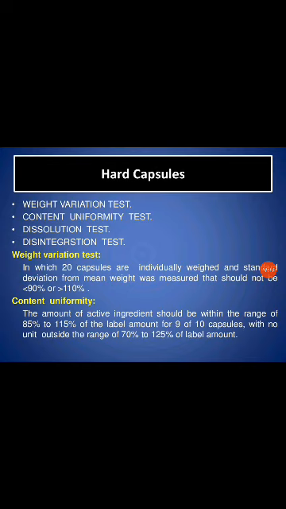Then the disintegration test is done in a basket rack assembly, and the disintegration time for a capsule should not be more than 30 minutes. Generally it is between 50 to 30. Then weight variation, so all the limits are there.